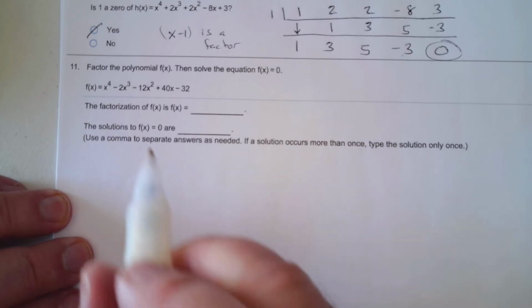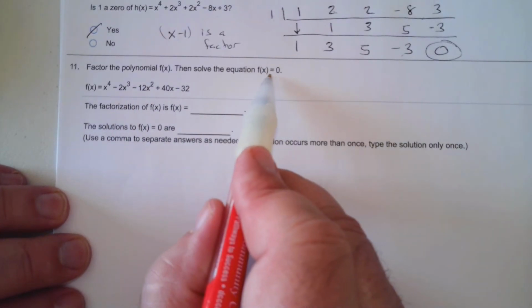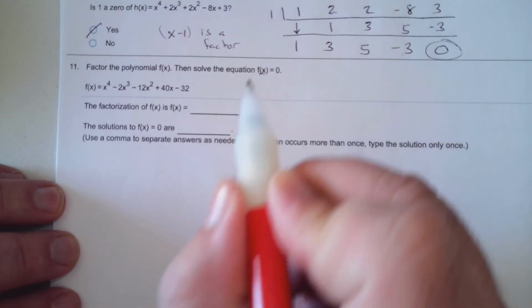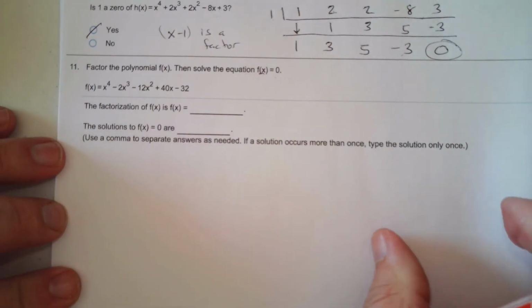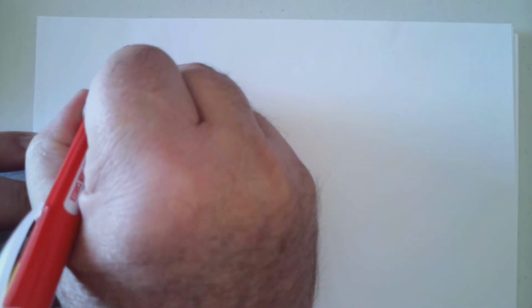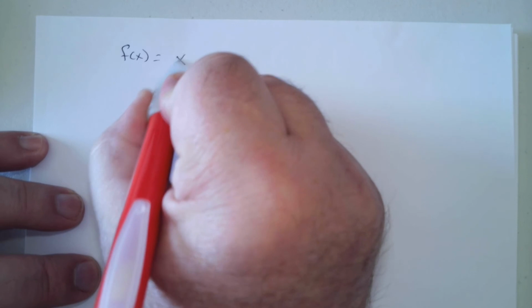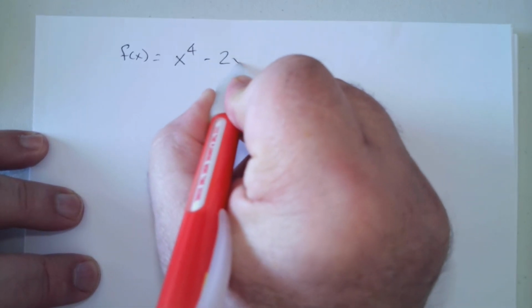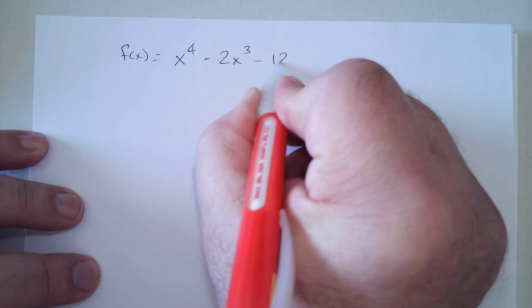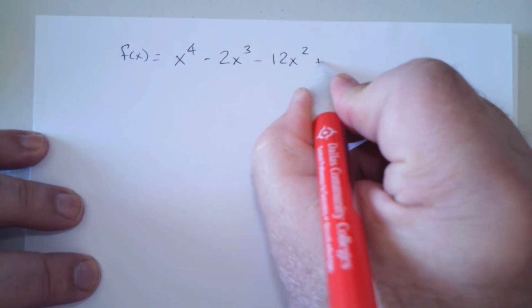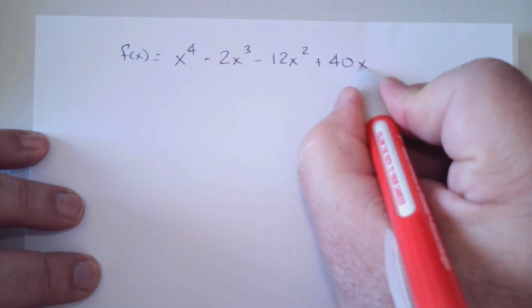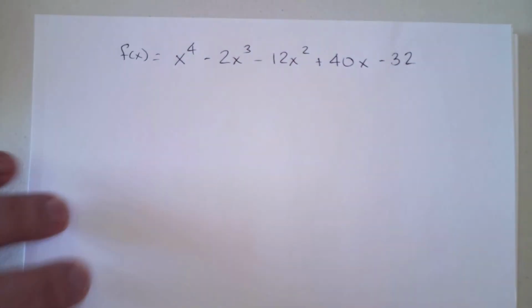And the last one. Factor the polynomial, then solve the equation for f of x equals 0. In other words, we have to find all the zeros. So f of x equals x to the 4th minus 2x cubed minus 12x squared plus 40x minus 32.